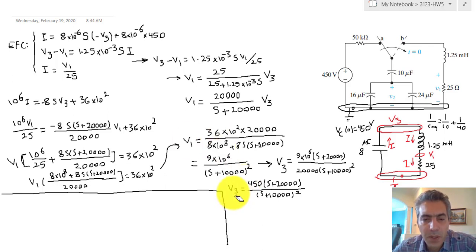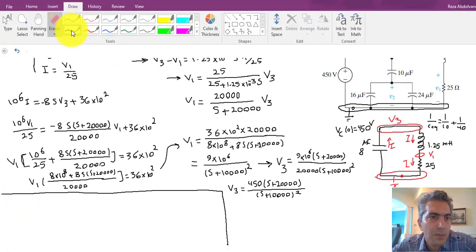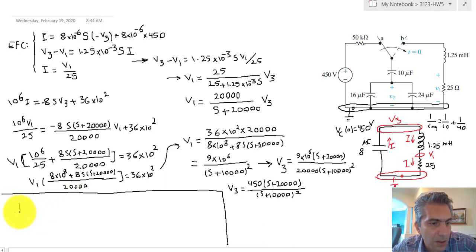So now with us knowing what the equation for V3 is, which is the voltage across the equivalent capacitor, what we need to know to calculate the voltage across the two capacitors that are in parallel is to understand how to divide voltages between capacitors that are in series to each other, and that's all we need.